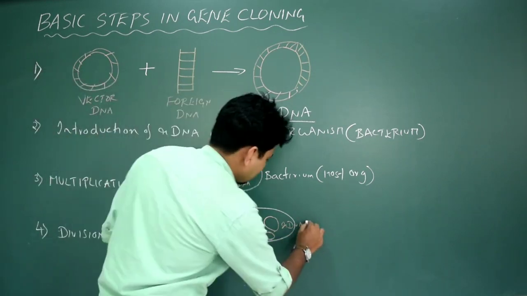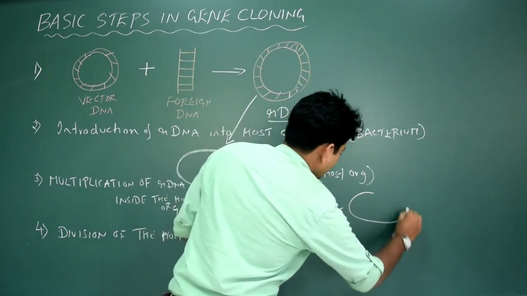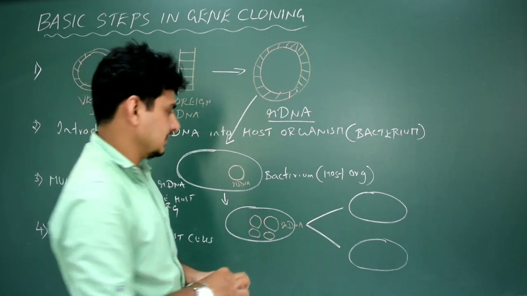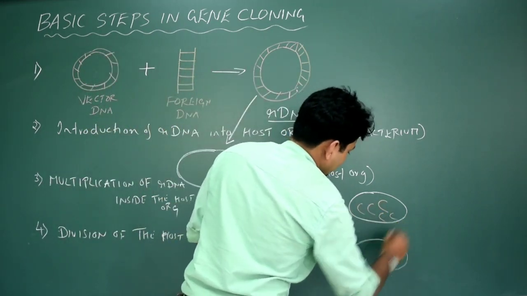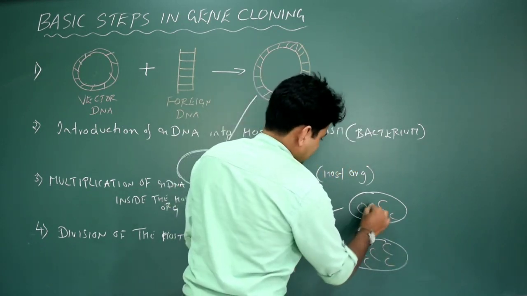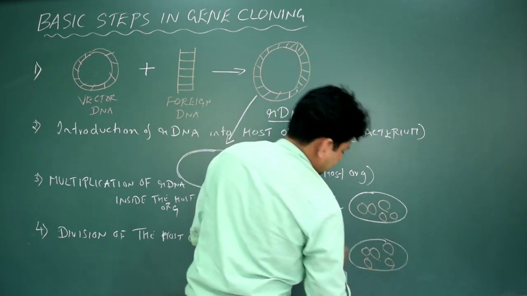Okay. So here we just continue the fourth step, that is one here and the other here. That is, we have got 2 bacteria which are containing so many rDNA. Yes? Okay. Just write the rDNA. That's all. Okay. So this is done.